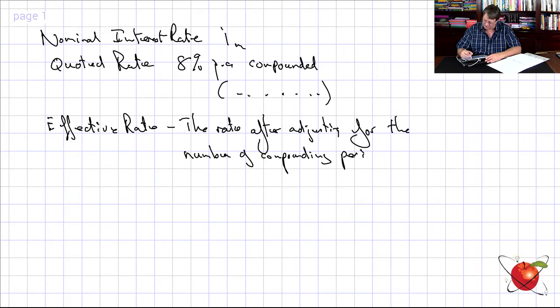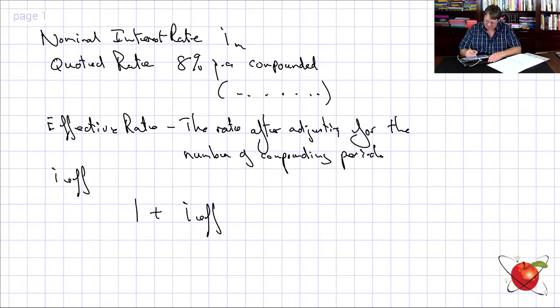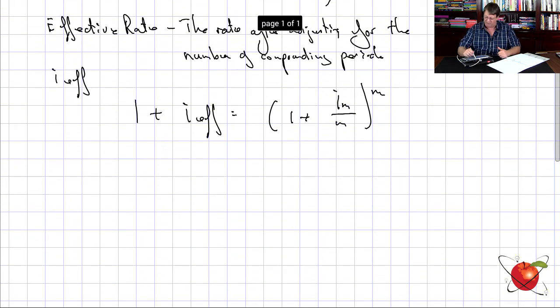We're going to do a load of examples here. This is called i effective. And what do we say? This is the formula: 1 plus i effective is equal to 1 plus i_m over m, to the power of m. That's pretty much where we left off.